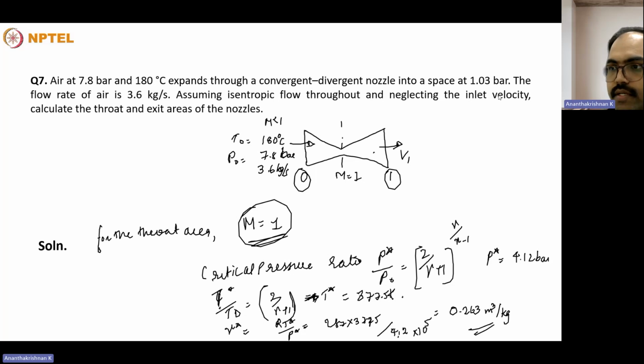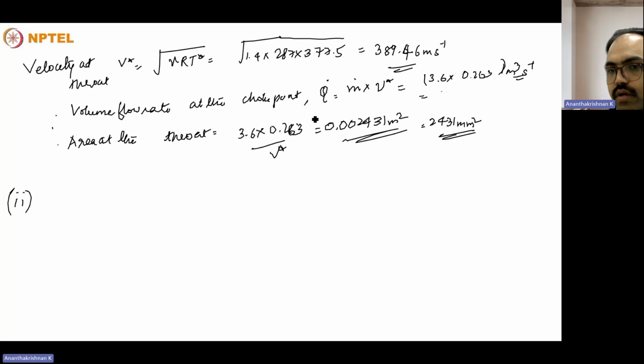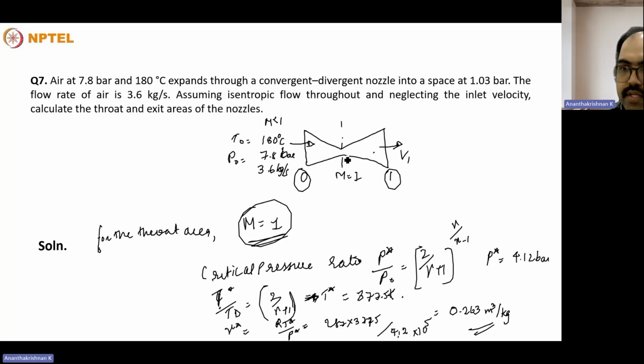And to simplify our matters, it is mentioned that the inlet velocity is negligible, that is zero. So we use the energy balance, the enthalpy balance for the nozzle between the starting point and the ending point, to get the enthalpy at the exit.